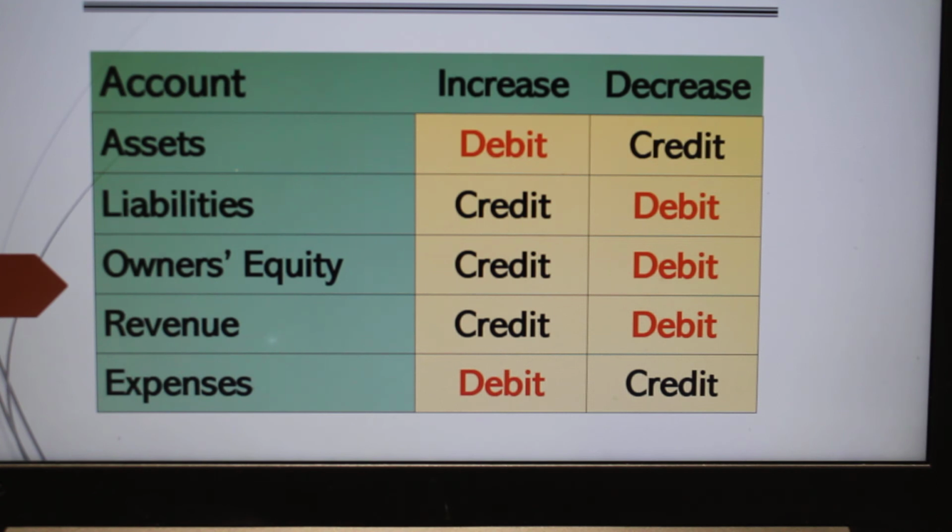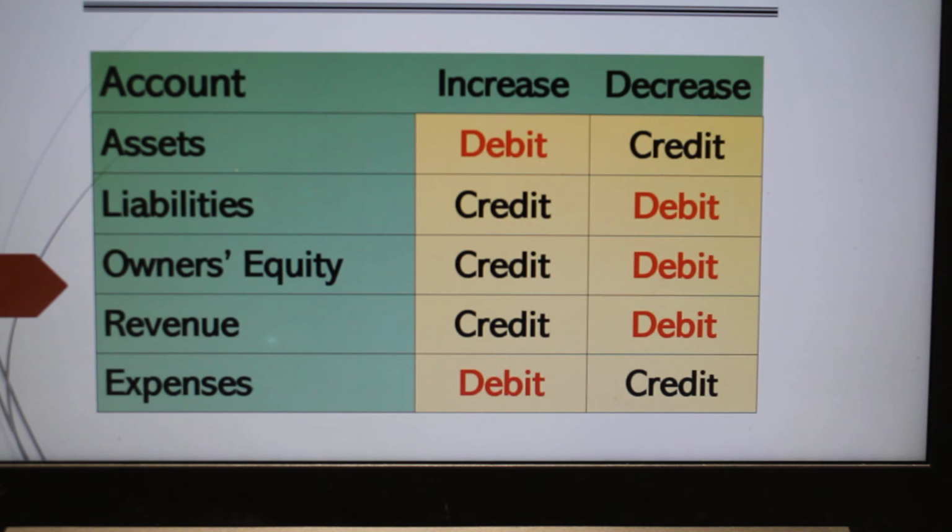Revenue account increases on the credit side, which means that if you sell something, the sale is a credit. However, we receive cash for a sale, which increases the asset account, which would be the debit. So sales would be credited, but the asset, if it's sold via cash, will increase for the debit. So that's the main idea.